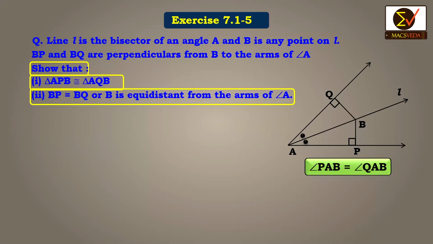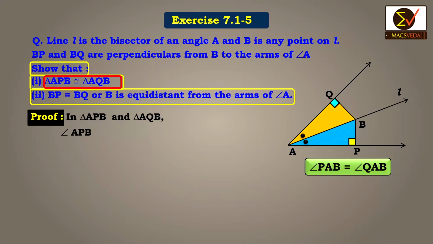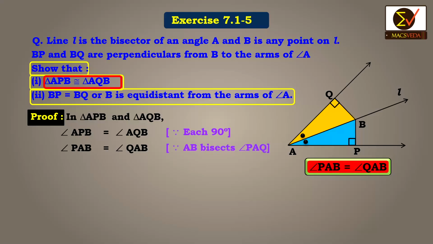Now we have to prove that triangle APB is congruent to triangle AQB, and the side BP is equal to BQ, or B is equidistant from arms of angle A. Now consider this triangle APB and triangle AQB. In triangle APB and triangle AQB, angle APB and angle AQB are same because both are 90 degrees, given that BP and BQ are perpendiculars from B to the arms of A. Then angle PAB is equal to angle QAB, that is also given, that L is the bisector of the angle.